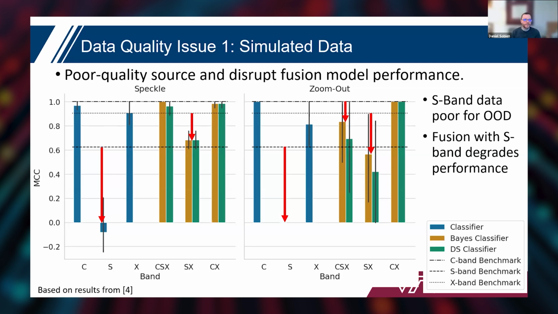Right. So what we're seeing here is that while S-band might do okay with data that's in domain to the training, when we start to move out of domain, there's a much larger impact. And we might think that, oh, we can just combine these different data sources together. The model will figure out what to do. Well, when we're in situations we haven't seen before, that impact to the S-band can propagate within the decision fusion model and give us worse performance than we would expect or would like.